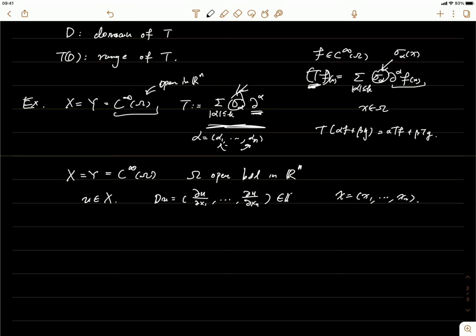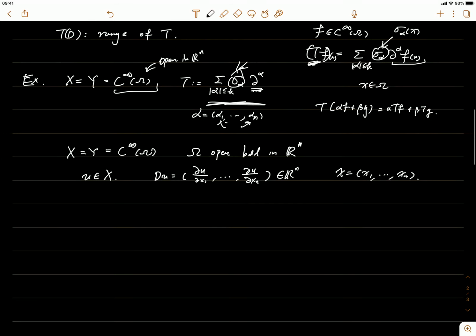Okay, so it's in R^n, and the divergence of a vector. Say I have a vector, I call it f. So you know that f is a mapping from omega to an n-dimensional vector. So what that does is you have this f of x, it is actually f1 of x all the way to fn of x.